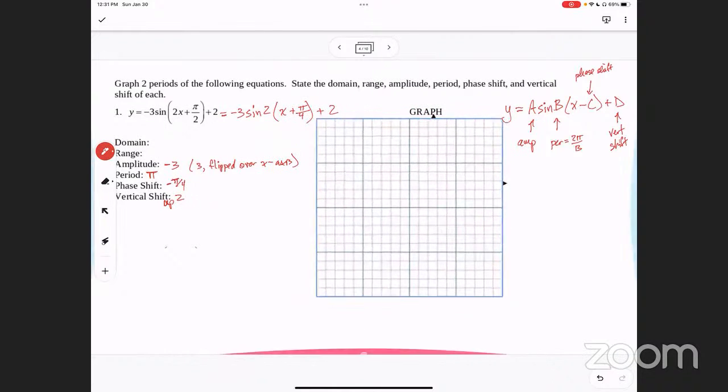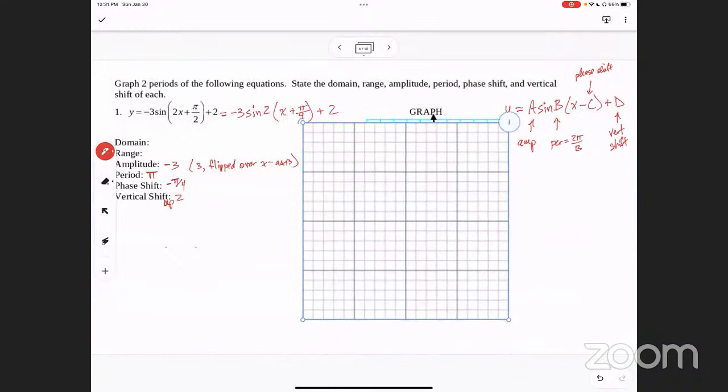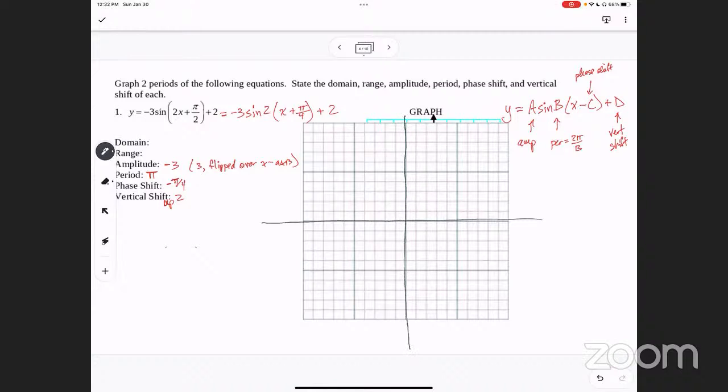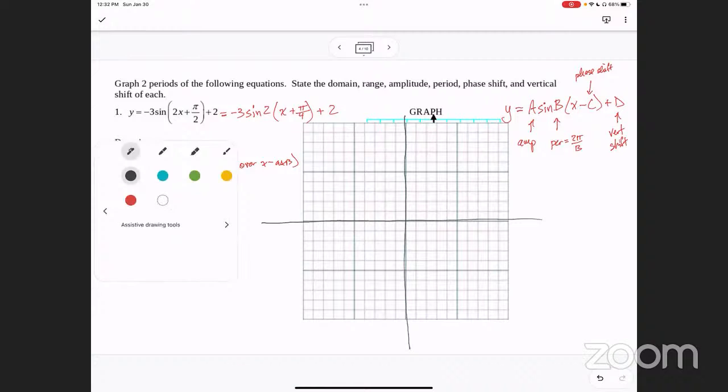Okay, so what I've got is my axis right here, my x-axis and my y-axis. Make that a little thicker.